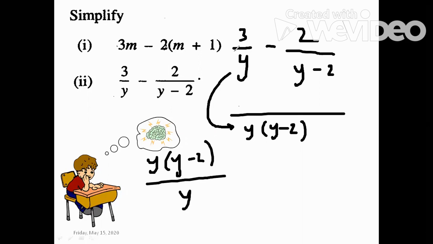This is what's going on mathematically. So these two y's cancel out, leaving y minus 2. So y into y and y minus 2 will give you y subtract 2. And then we're going to say 3 times y subtract 2. But I'm going to put that right down here.